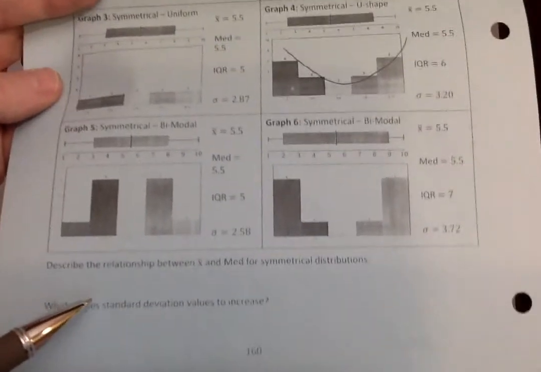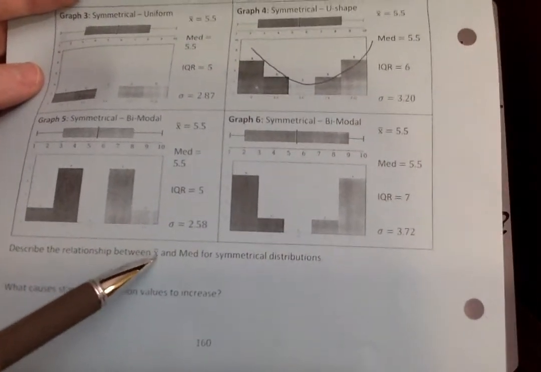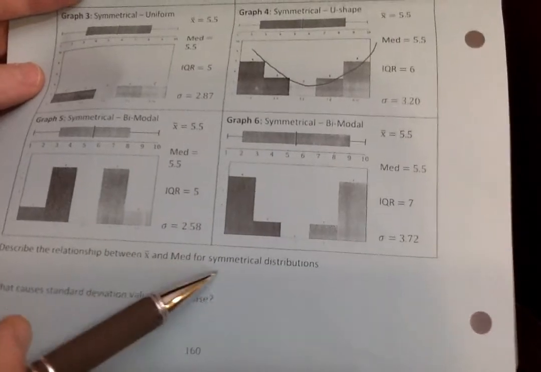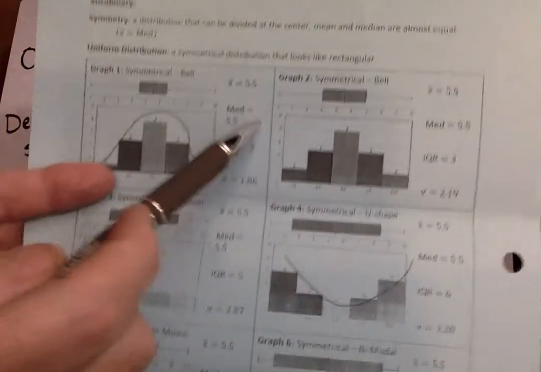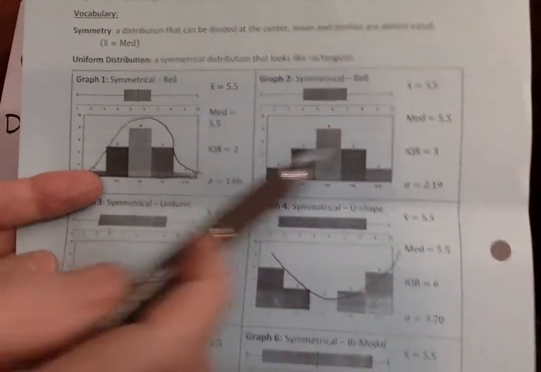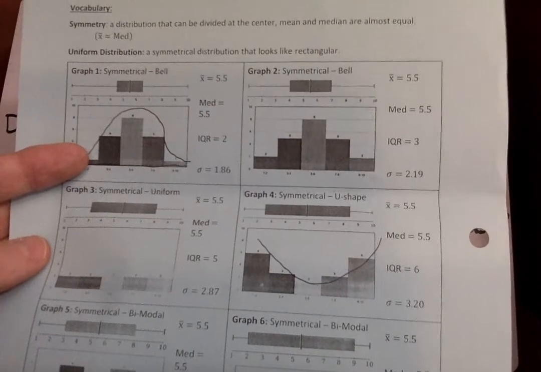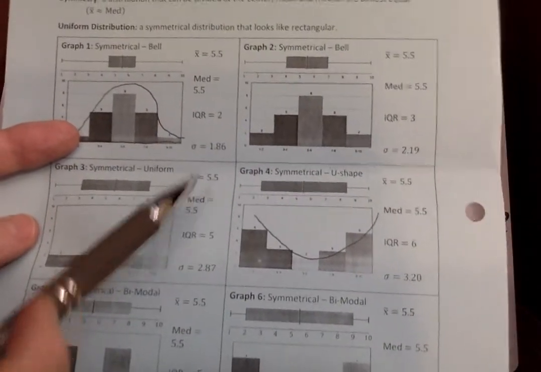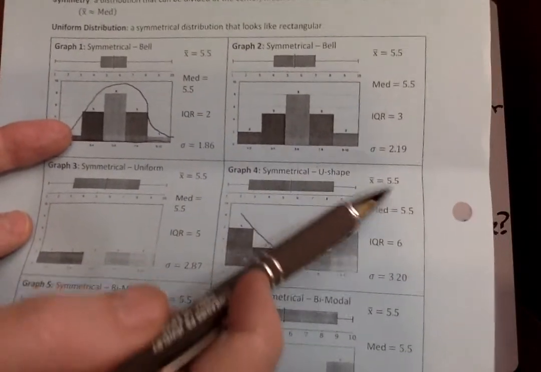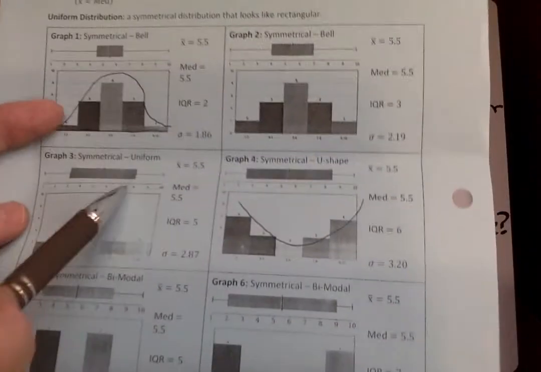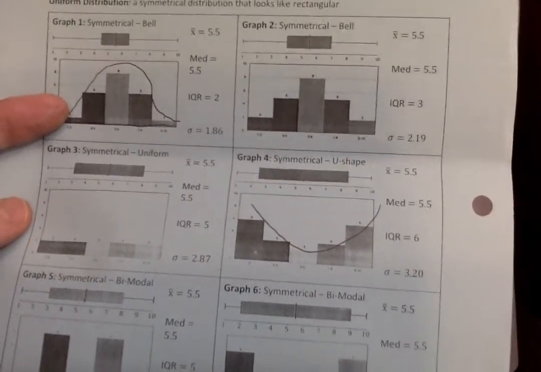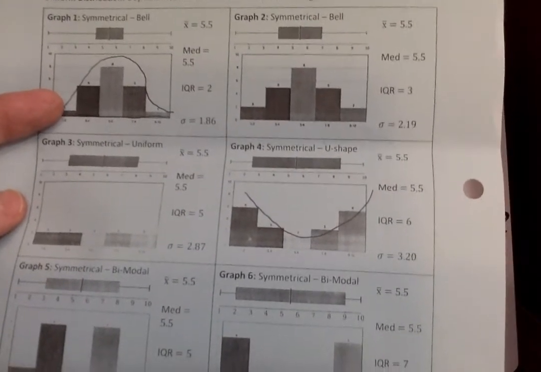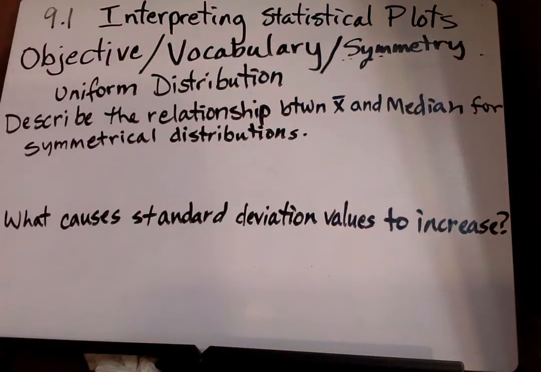Now it says describe the relationship between the mean and the median for a symmetrical distribution. So the mean right here and the median, guess what? They're close to being the same when they're symmetrical. See here, mean, median, mean, median. These are all 5.5, but they're shaped totally differently. However, the mean and the median are close to being the same.